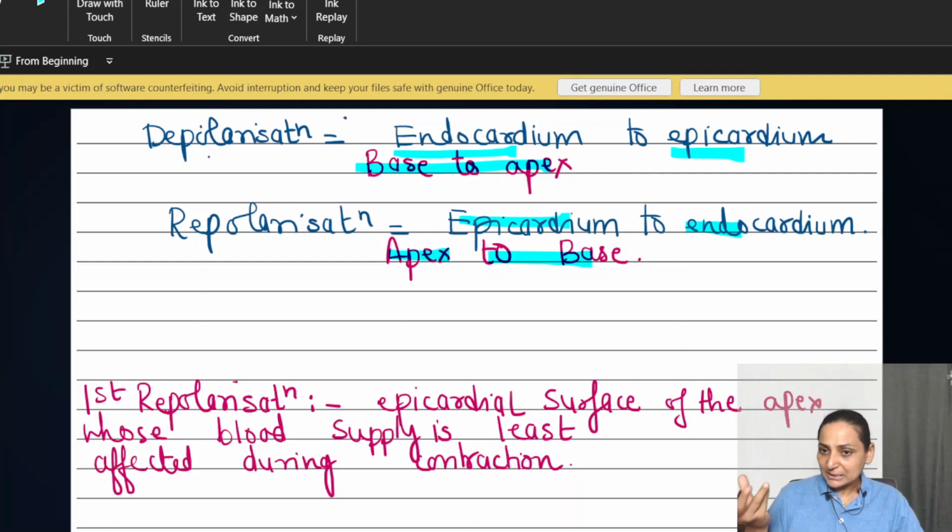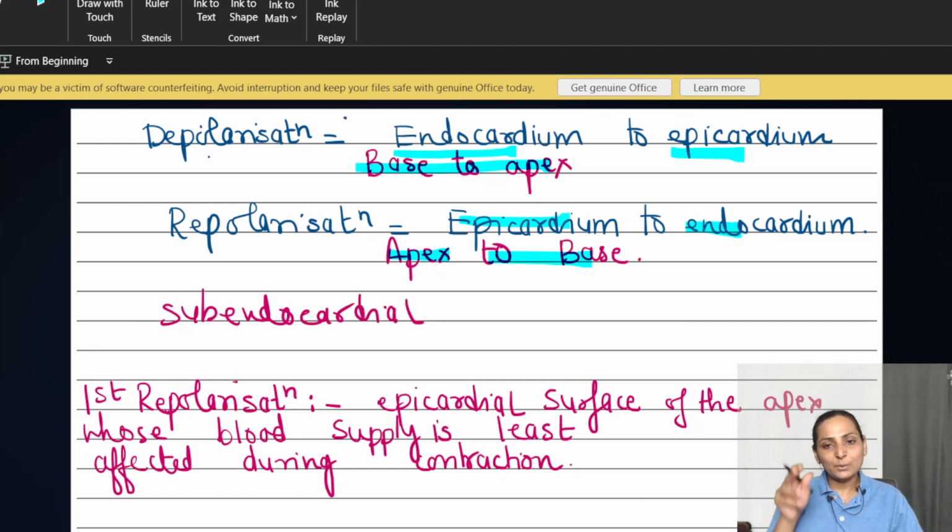You know that as depolarization is an active process, repolarization is also an active process which requires energy. You have to re-establish the RMP. During systole, after depolarization, there is forceful contraction of the ventricle, especially the subendocardial part of the ventricles.